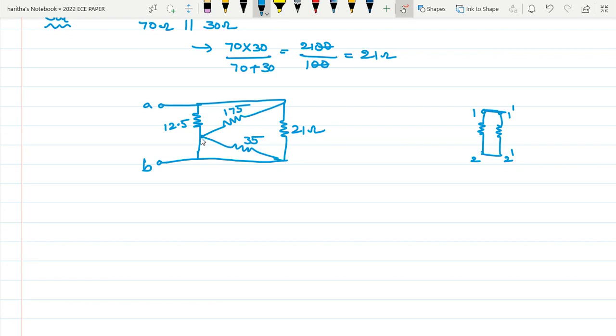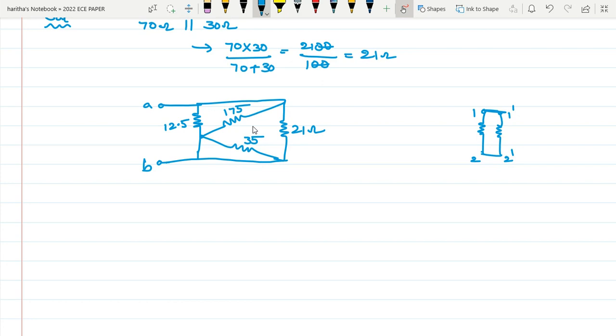Here 175 and 35, these two are connected at one end, but other ends are connected to different points. So 175 is neither in parallel nor in series. Next, this 21 also. These are neither in parallel nor in series. So these are in the form of a delta connected network.